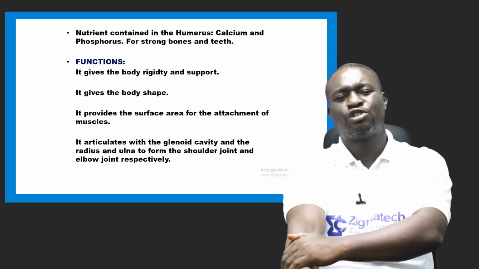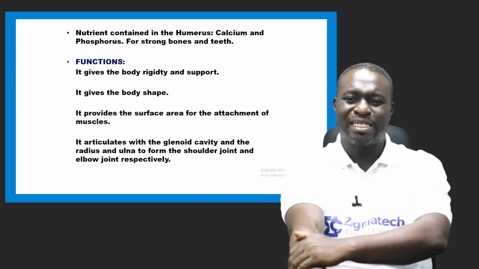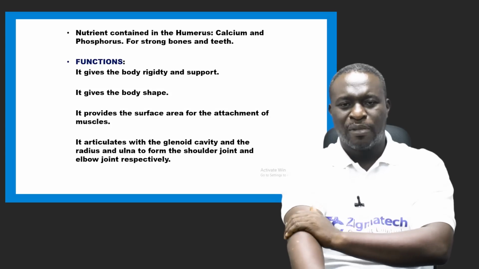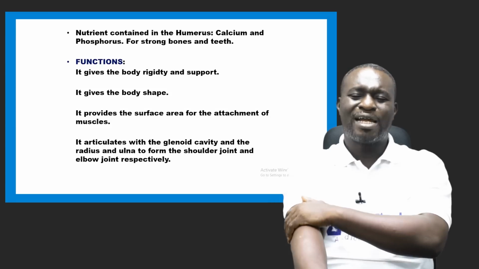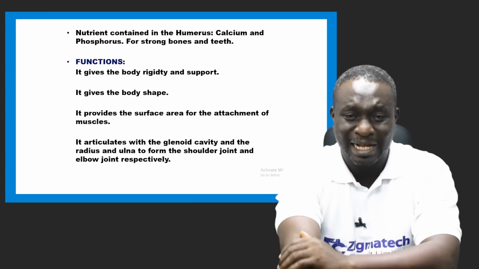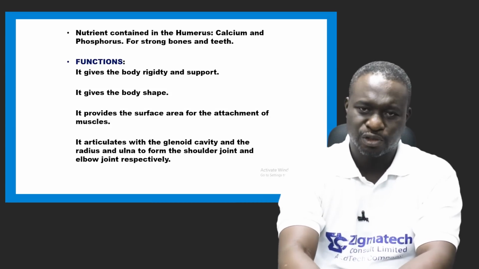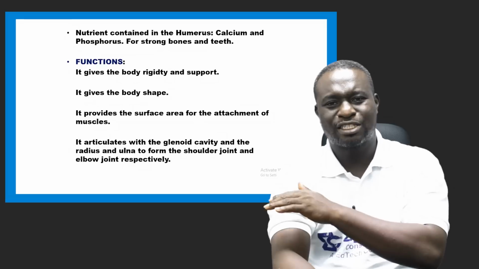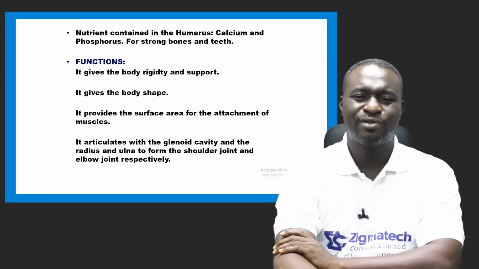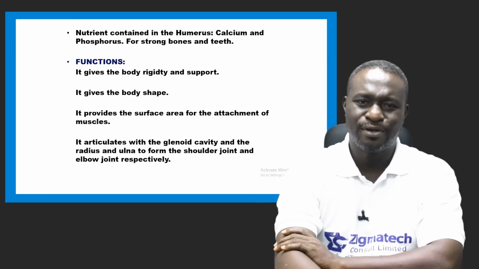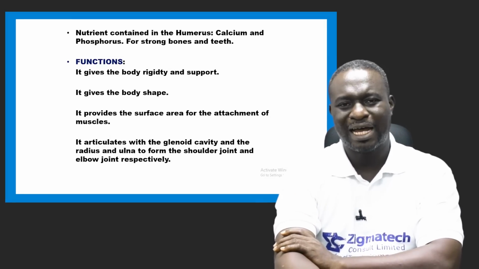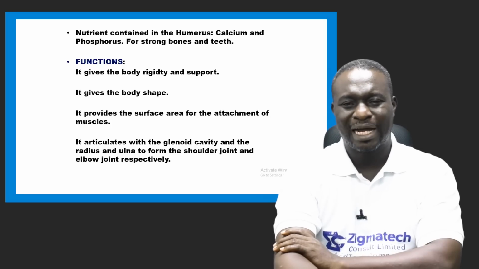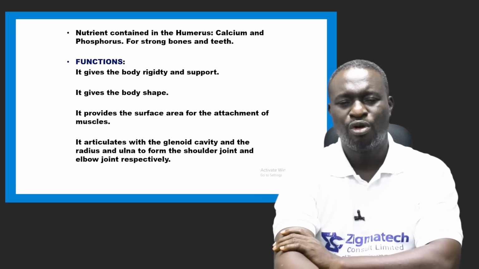One of the major functions of every bone is that it gives shape to the body. Number 3 is that it provides the surface area for the attachment of the muscles. Remember, muscles are attached to bones through a connective tissue we call the tendons. So the tendons help in the attachment of muscles to bones.